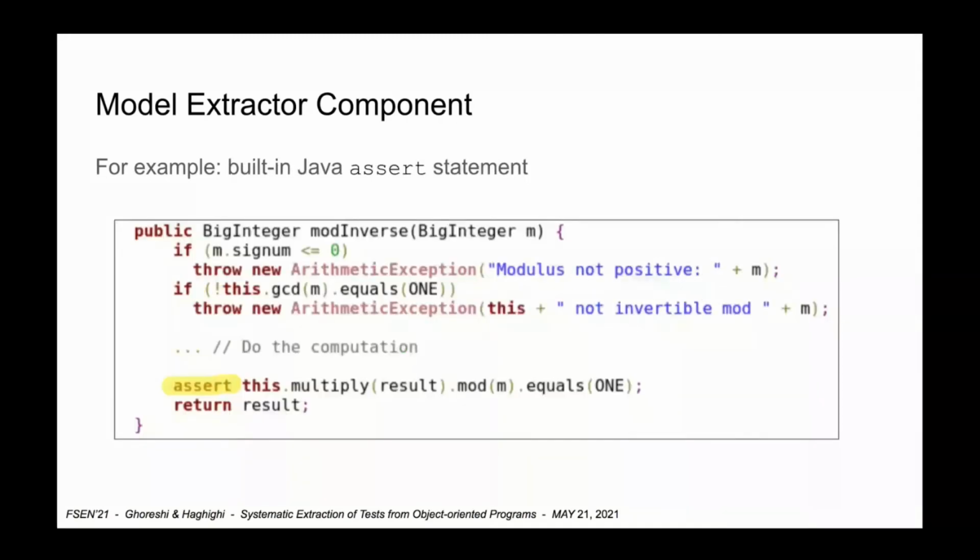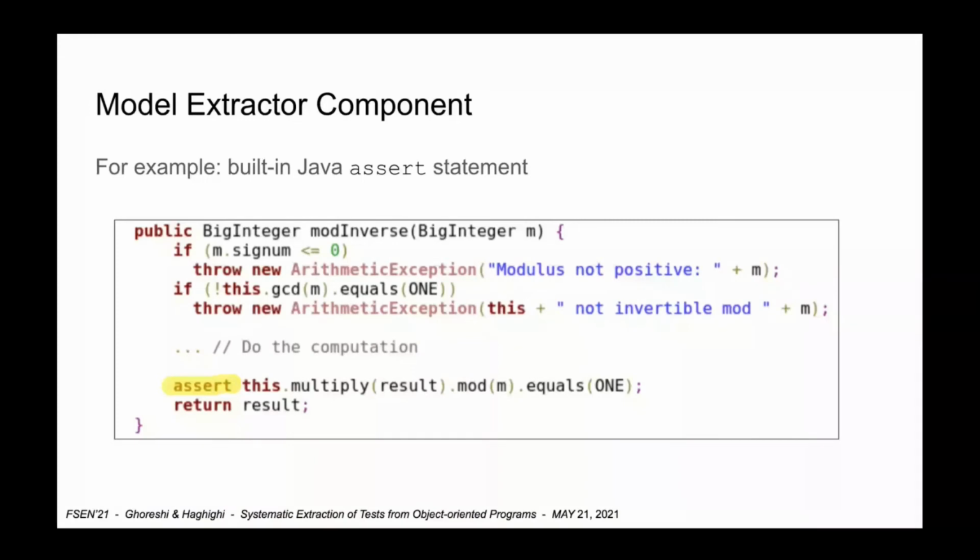The last example is the built-in Java assert statement, which can define precondition and postcondition assertions for methods. An example is shown in the slide. The assert at the end of the method ensures the postcondition for this method.